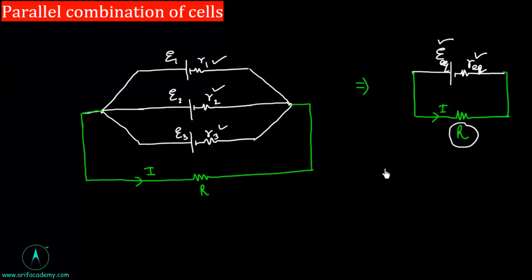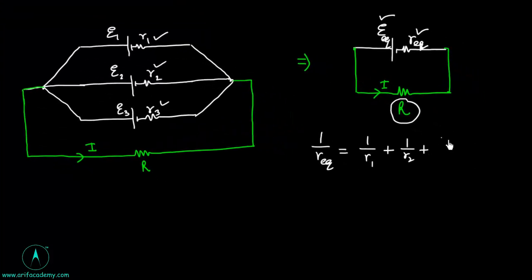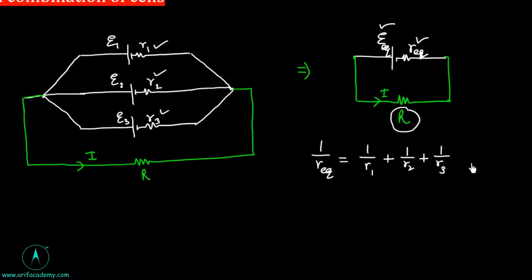So R equivalent is obtained the same as the equivalent resistance for resistances connected in parallel, that is 1 upon R1 plus 1 upon R2 plus 1 upon R3. This can be written as the sum of 1 upon Ri in case of parallel combination.